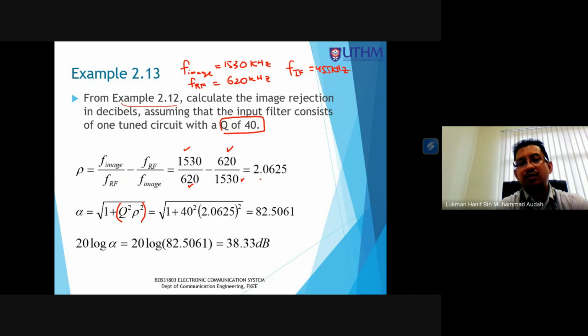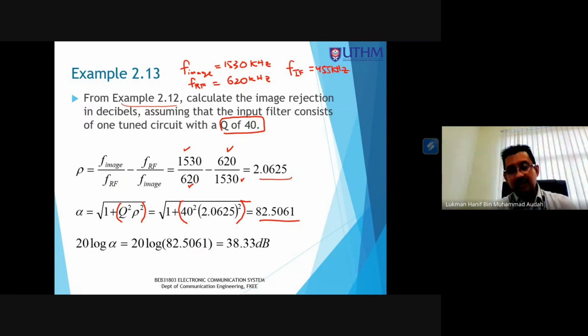So F image divided by FRF minus FRF over F image, we get 2.0625. Then you put it inside the equation of alpha equal to square root of 1 plus q square rho square. I suggest you make a bracket over here so that you will not make careless mistakes. So 40 square times 2.0625 square, and then plus 1, and then square root. So you will get this answer.